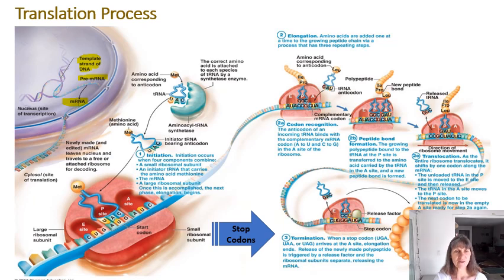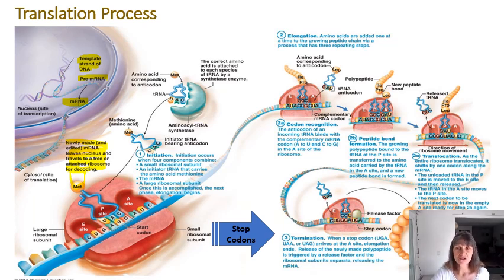So here we have our freshly made messenger RNA molecule coming out of the nucleus, traveling to a free ribosome or an attached ribosome to be translated by a ribosome into a protein.